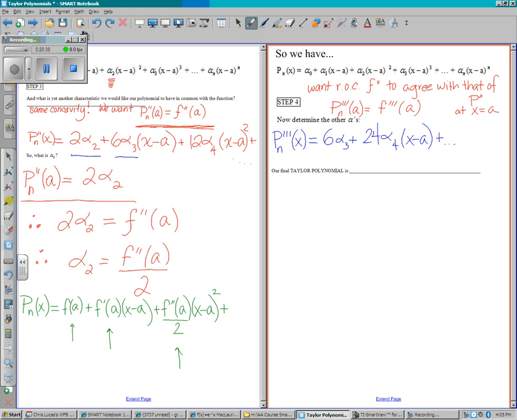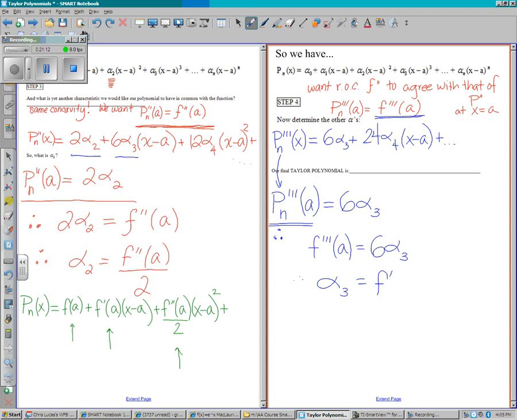We don't need to do any of that because we're interested in finding p sub n triple prime at a, which is 6 alpha sub 3. And since we wanted p triple prime at a to equal f triple prime at a, f triple prime at a must equal 6 alpha sub 3. So alpha sub 3 is equal to f triple prime at a over 6.